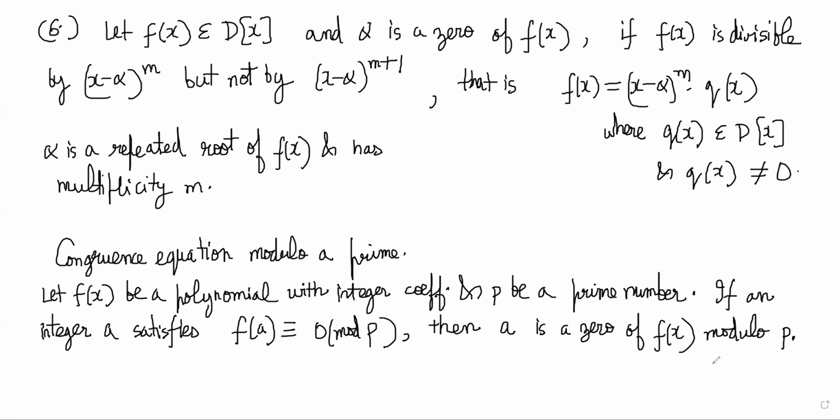So basically, you can say that integer a, when you put the integer in the polynomial, you get the value f(a). And if the value of f(a) is congruent to 0 mod p, we say that a is a 0 of f(x) modulo p, right?